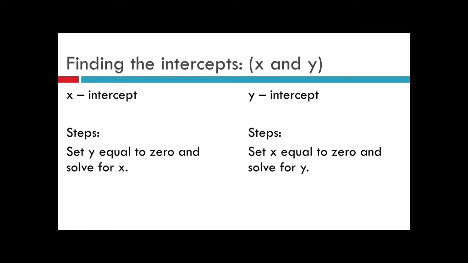Secondly, to find the y-intercept, we set x equal to 0 and solve for the value of y. Once we find the value of y, we have the coordinate of the point where our graph touches the y-axis. That will be 0 paired with the value of y.